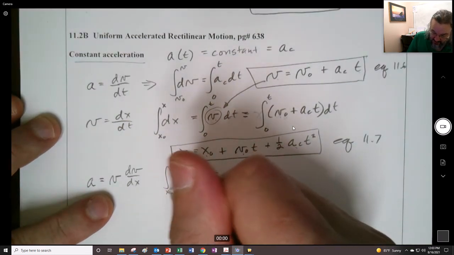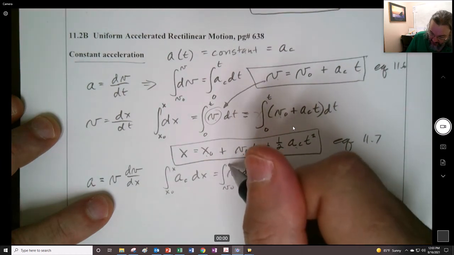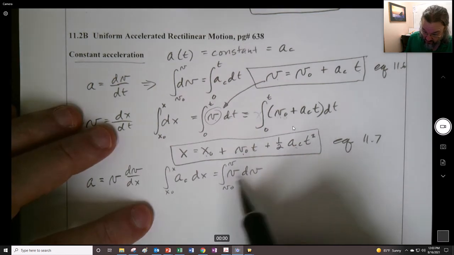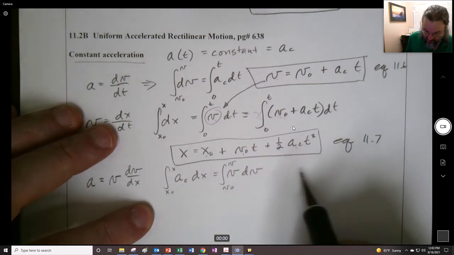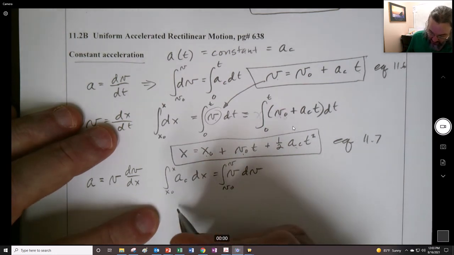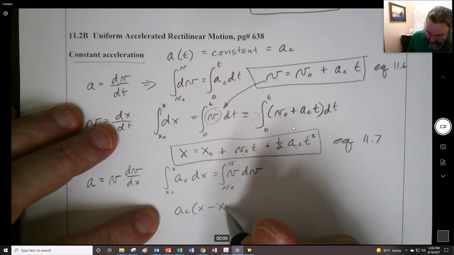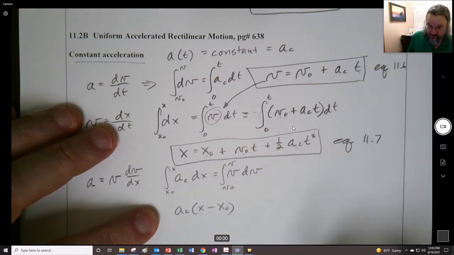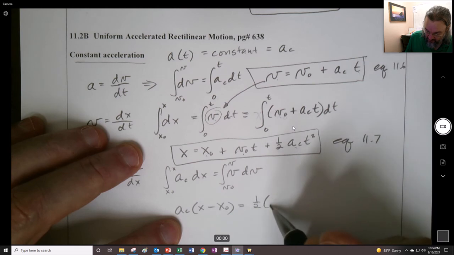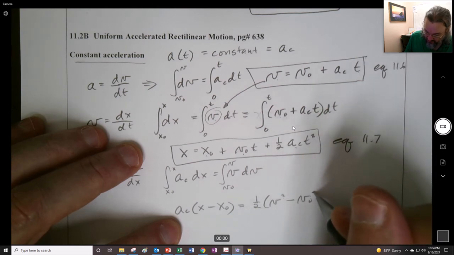Integrate this from x0 to x and from v0 to v. And just from this right here, we could say that we have ac times x minus x naught is going to be equal to 1/2 v squared minus v0 squared.